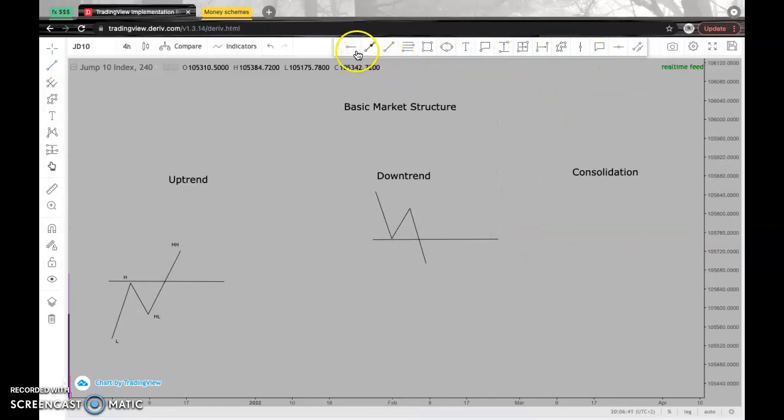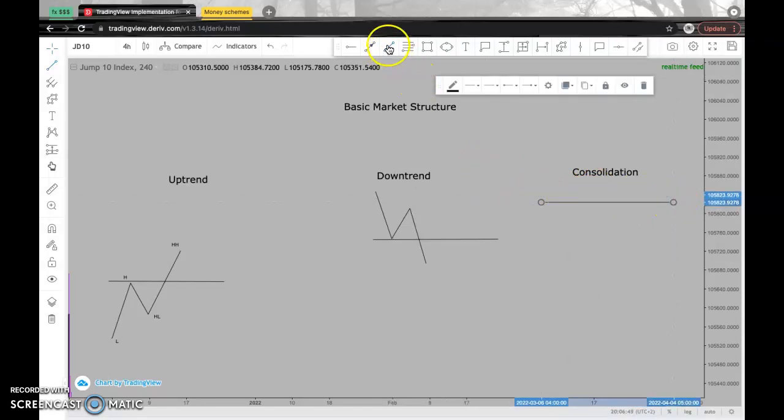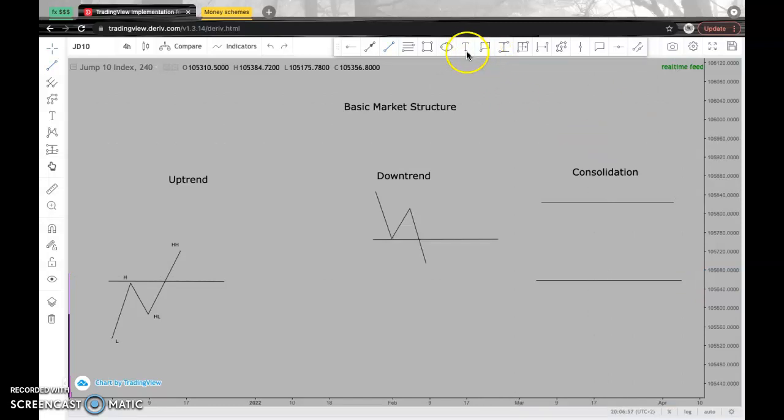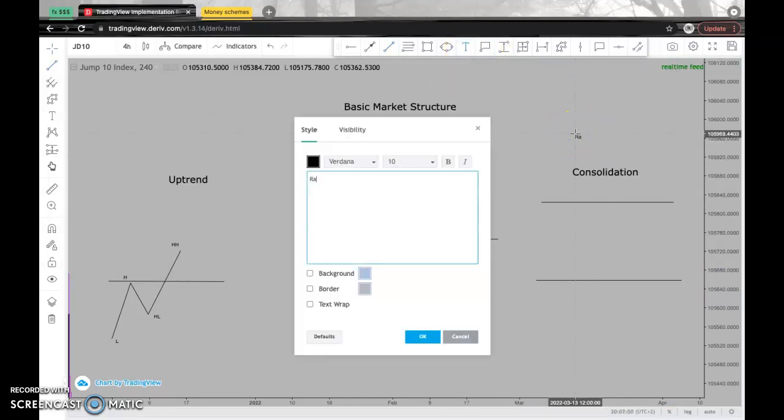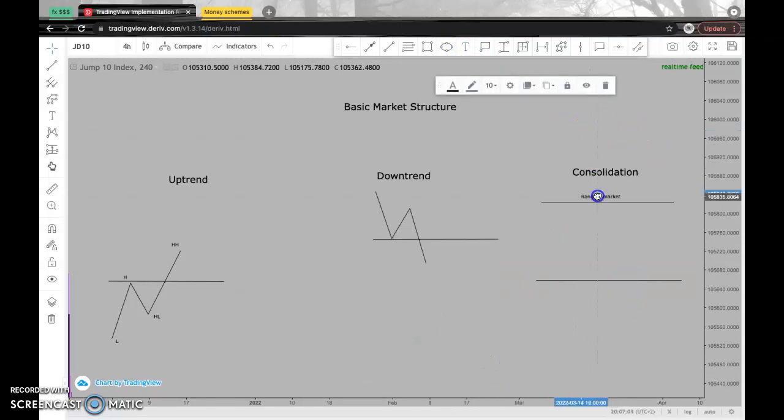And then consolidation is when price is moving sideways. Okay. This is also known as a ranging market too. So it can also be defined as ranging market. Cool. And this is when price is moving equally, going up, down, up, down.